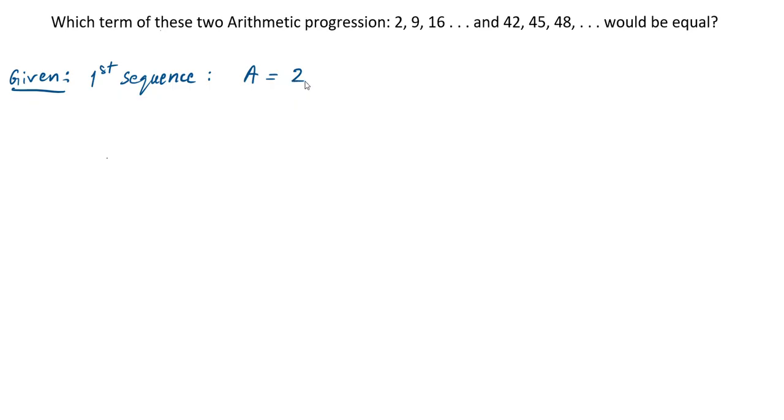So A is 2. The difference is 9 minus 2, 7, right? We are adding 7 each time. And the nth term would be A plus (n minus 1) d.